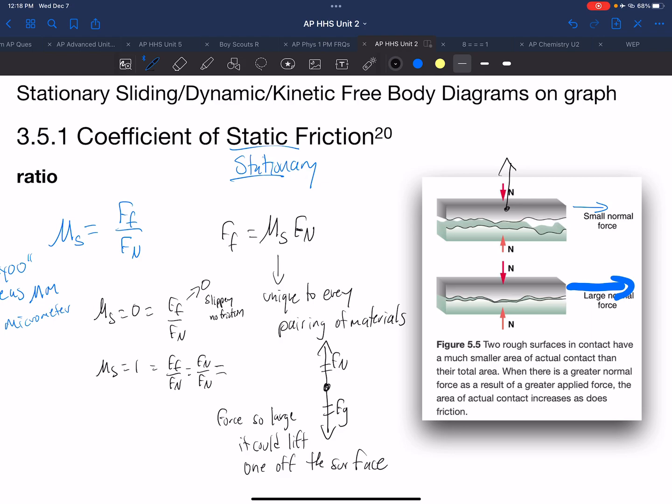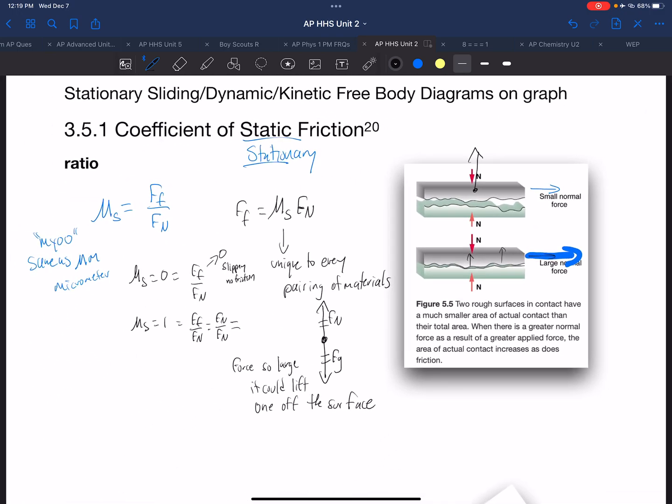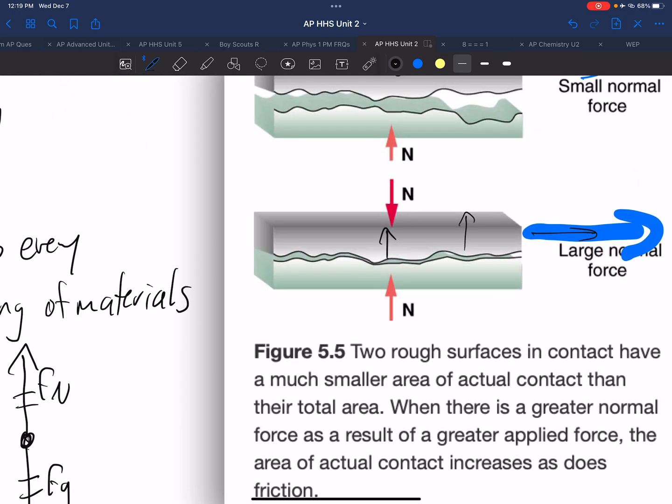Now, if you think about that, lifting it off the surface means you'd be pulling the teeth out. And that's exactly what's going on, providing a force so large that it can actually cause the material to raise up. And that's what's going on when something is stationary. To get it to move, this does have to move upward.